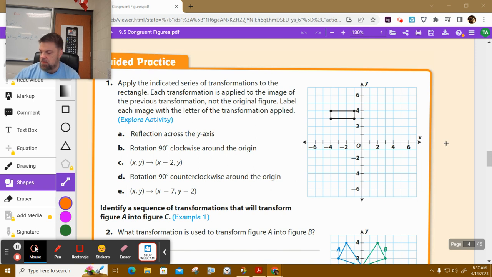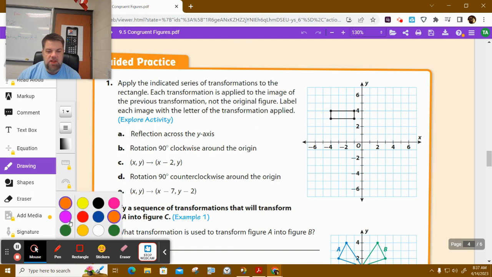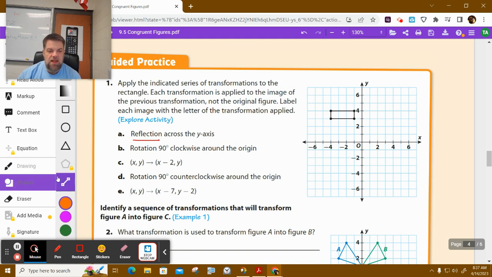Okay. So let's look. It says reflect across the y-axis. So I'm going to reflect across the y-axis, and I'm going to do that in red, and we're going to do a rectangle shape.